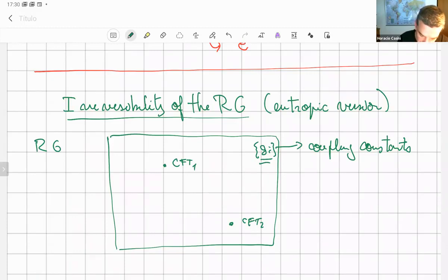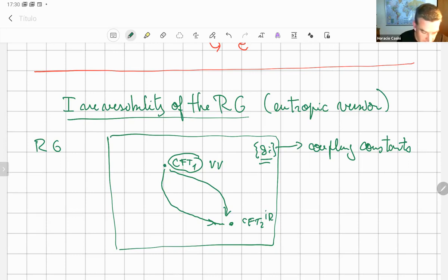So you can see that, for example, some theory will move with the renormalization group in some flow. For example, flowing from CFT1 to CFT2, this will be for short distances in the UV, and this will be for large distances in the IR, for example.